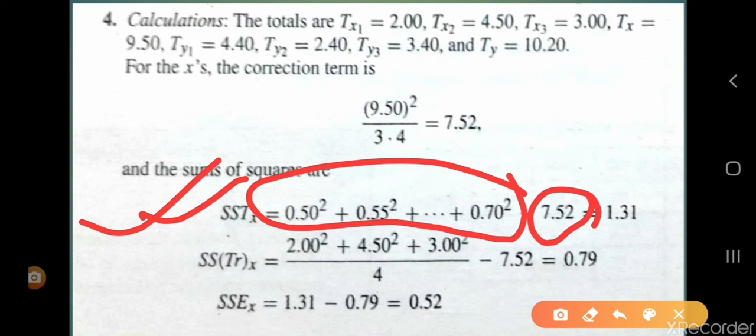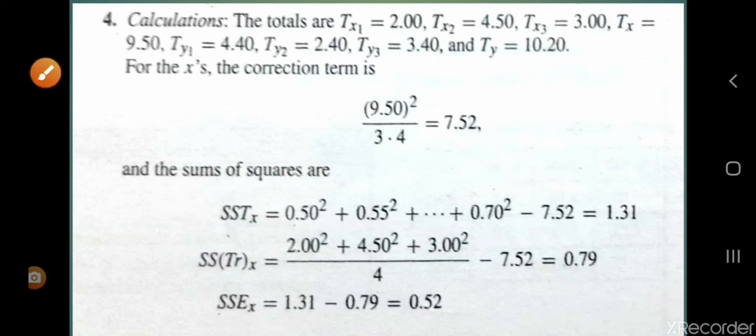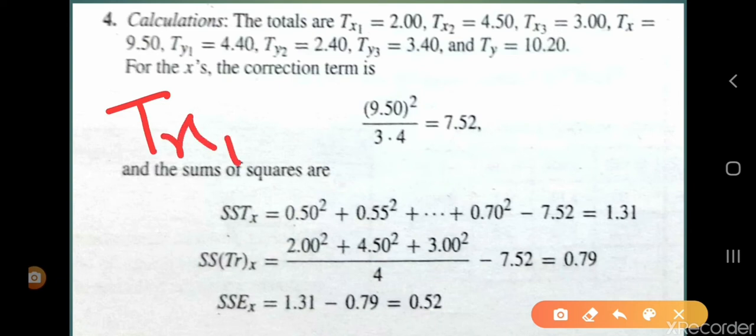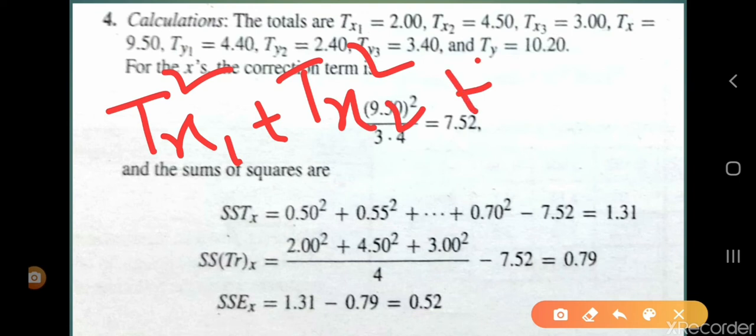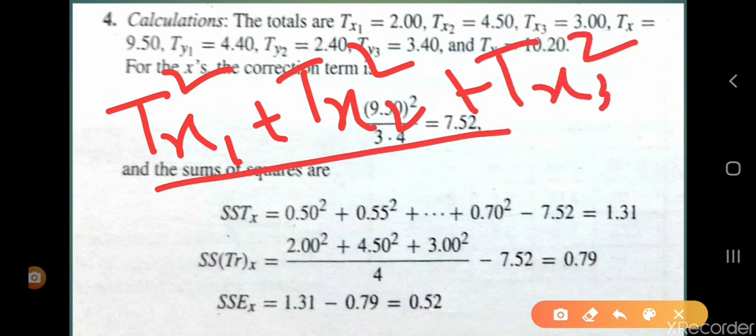And the treatment sum of square is tx1 square plus tx2 square plus tx3 square divided by number of levels, that is 4.